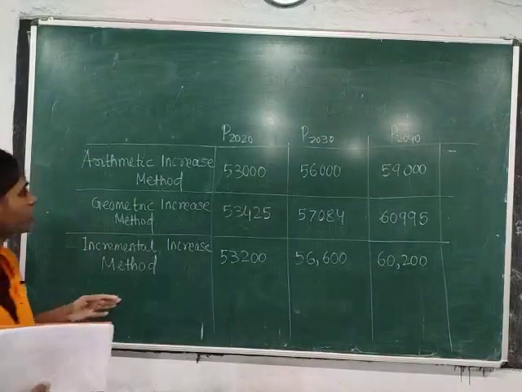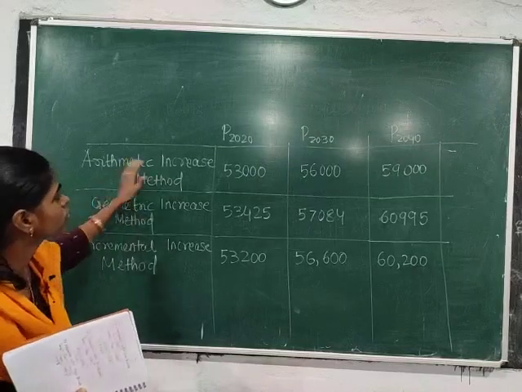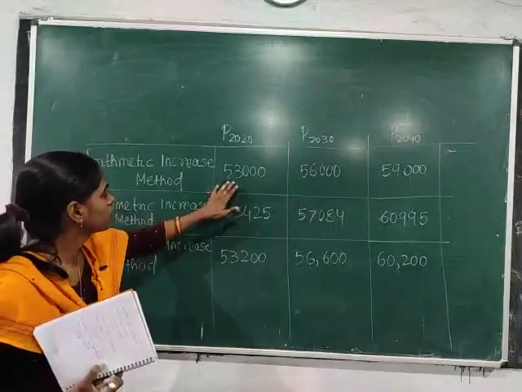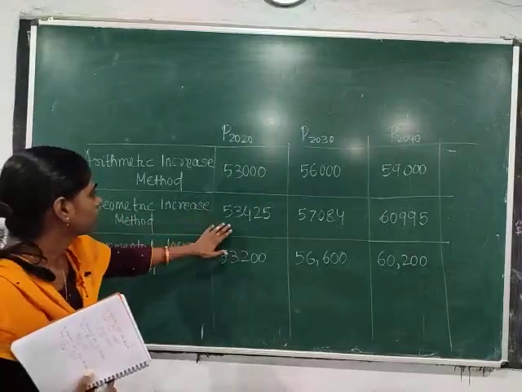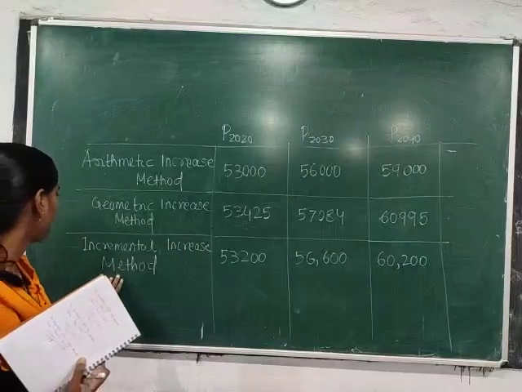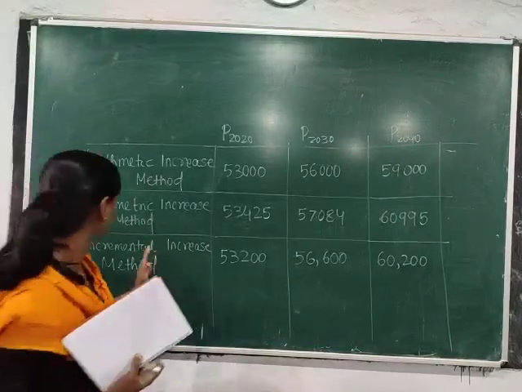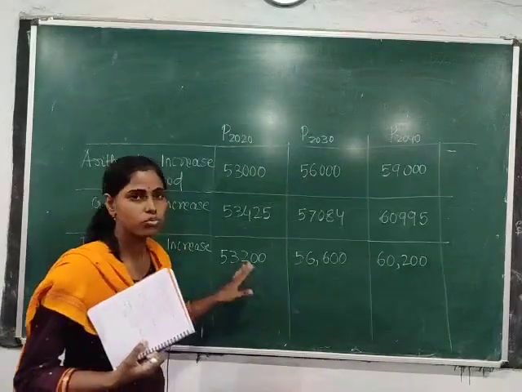So, see here, your arithmetic increase method for 2020 is coming out to be 53,000. The geometric increase method is coming out to be 53,425, and the incremental increase method is coming out to be 53,200.